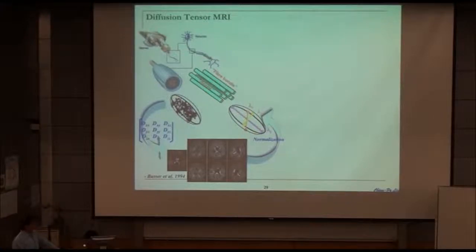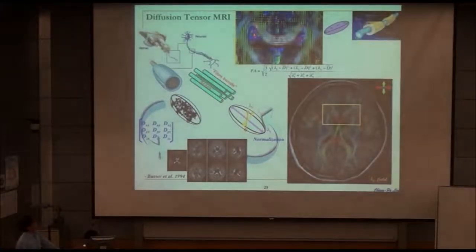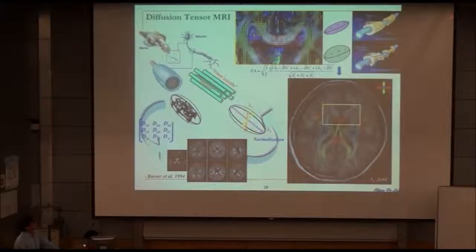Based on such an idea, you can see that, for example, in the corpus callosum in the brain, the ellipsoid model is like a cigar. This is because the signal diffusion along the tracks is higher compared to the diffusion in the perpendicular directions. But if there is some disease, for example multiple sclerosis, then the myelin changes.